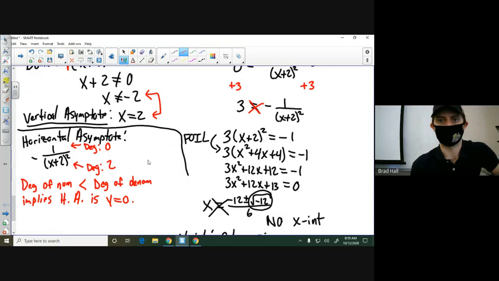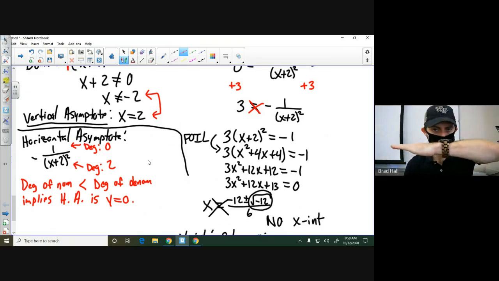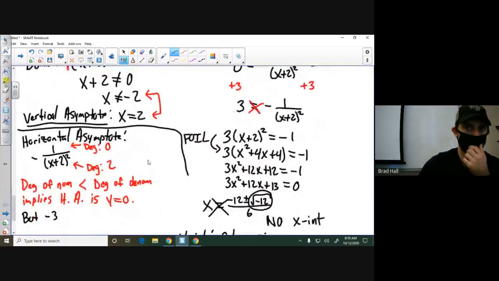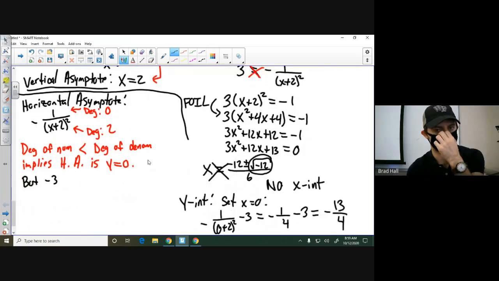The only problem is, horizontal goes left and right, but remember that minus 3 we left off? That's what minus 3 does in a transformative sense. It shifts everything down 3. And this is where the transformation part comes into play.